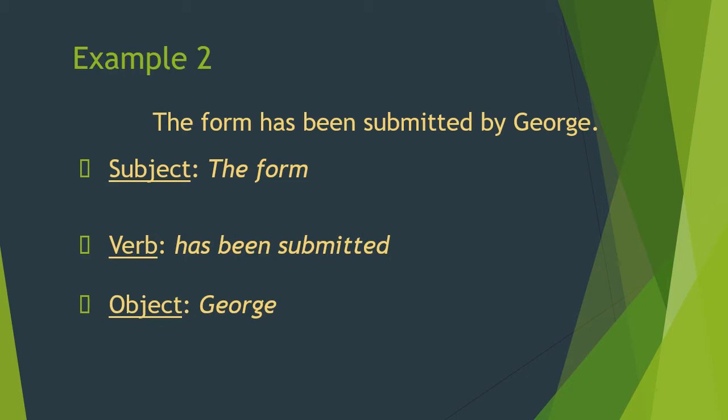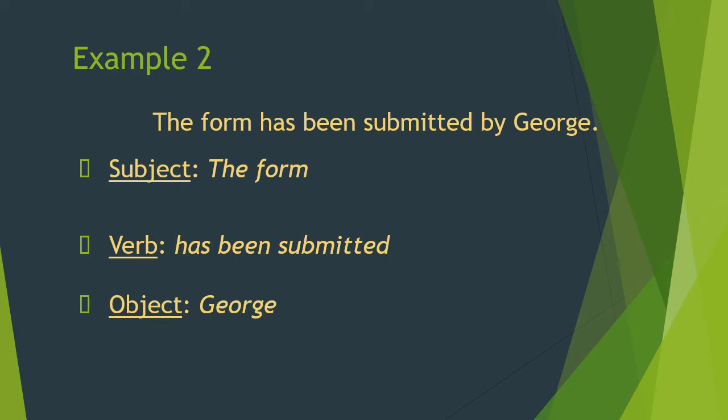You can observe that the form is the subject here, but it allows itself to be submitted by the object George. Here the subject is passive. So the sentence is called passive voice.